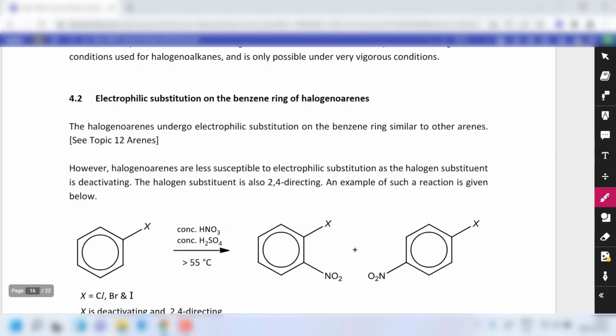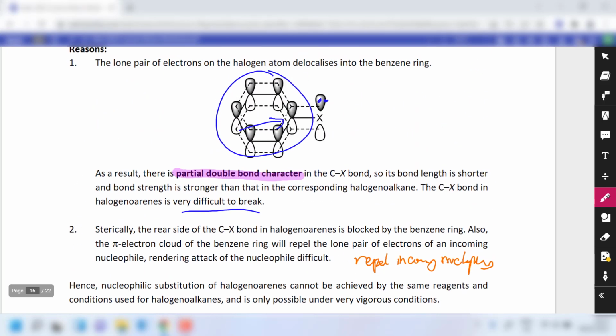Some of you might argue that the lone pairs of electrons delocalize into the benzene ring, so shouldn't it increase the electron density of the ring? Well, it does increase a little bit, but not so significantly, largely because of the orbital mismatch between the halogens and the benzene ring.